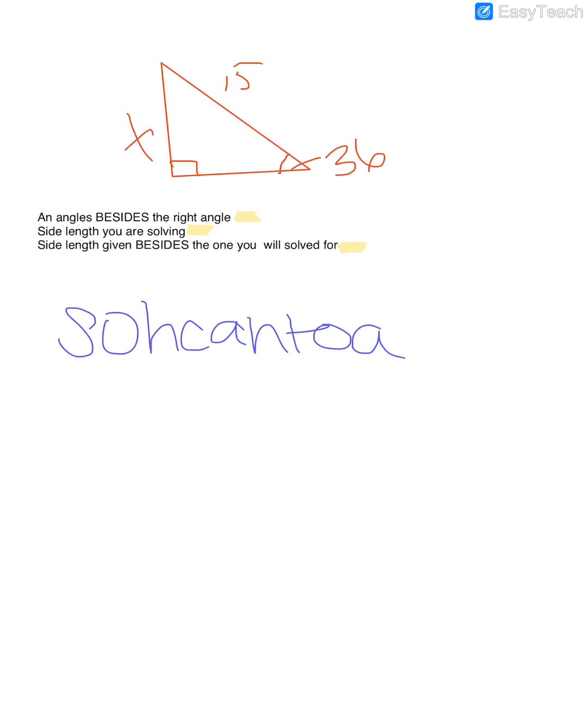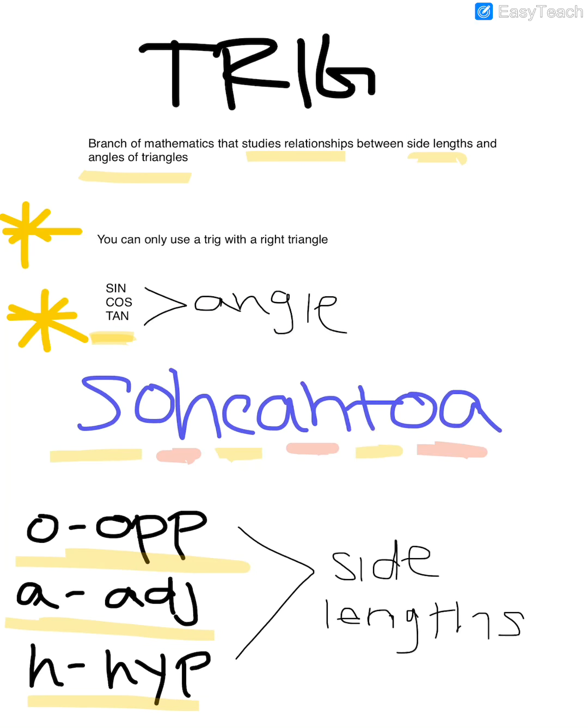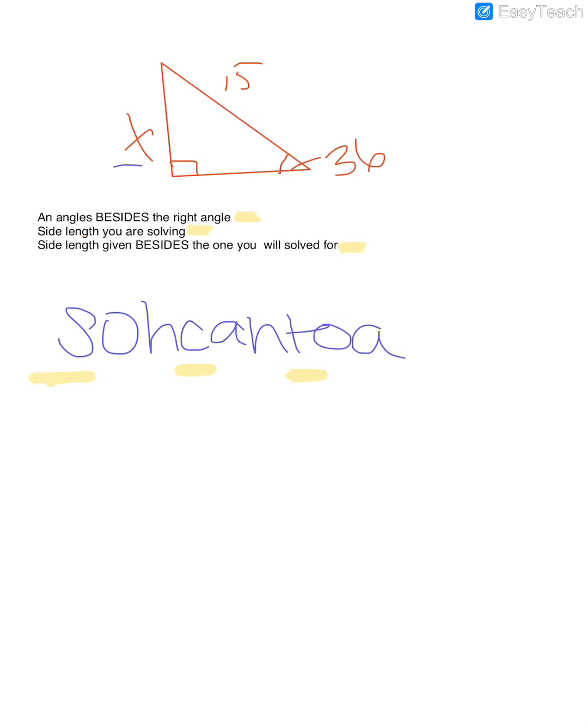So let's figure out what function we need to use to solve the side length of x. Do we need to use sine, cosine, or tangent? Because remember I said back here that the S stands for sine, the C stands for cosine, the T stands for tangent. And you may be asking, well, how do I know?